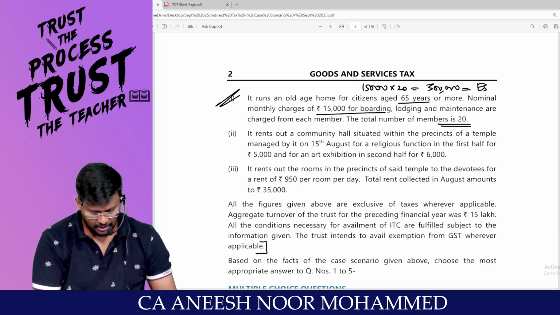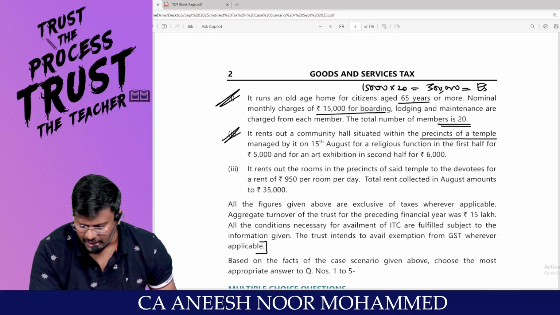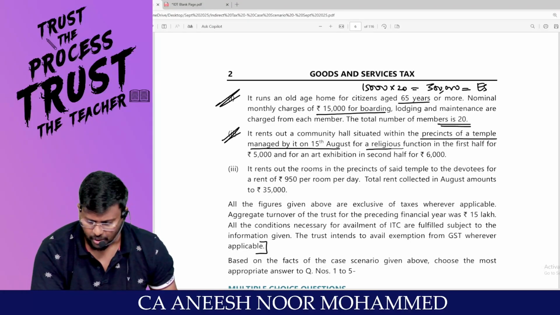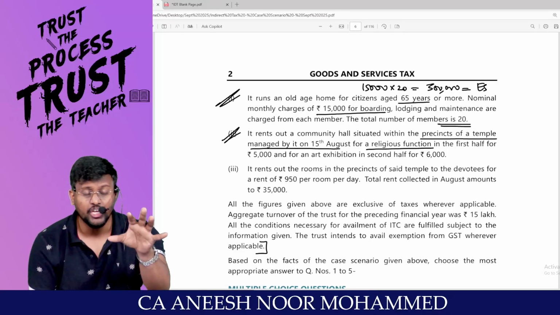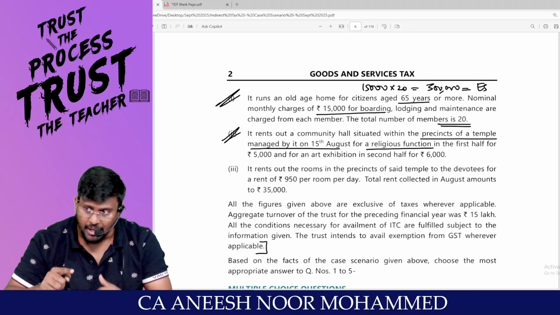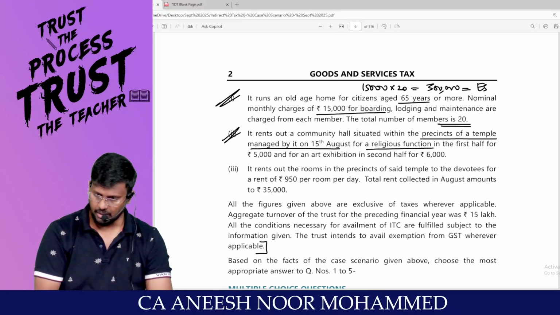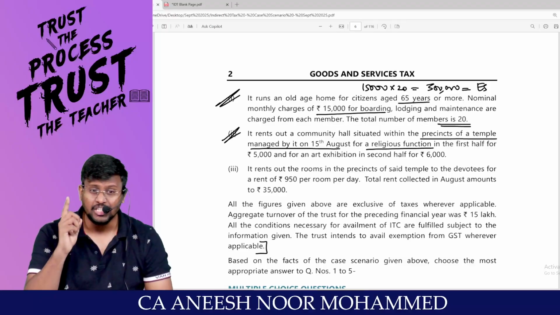Right? It runs out a community hall situated within the premises of a temple managed by it on 15th August for religious function. Sir, renting of religious premises to the general public is exempt from GST. However, this exemption will not be applicable where the per day rent exceeds 1,000 or per month exceeds 10,000, per function exceeds 10,000.